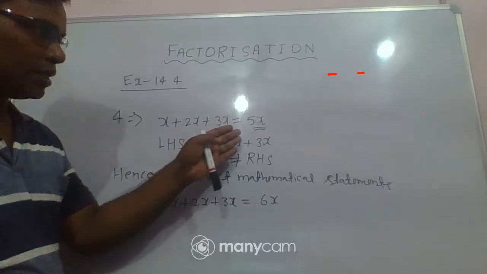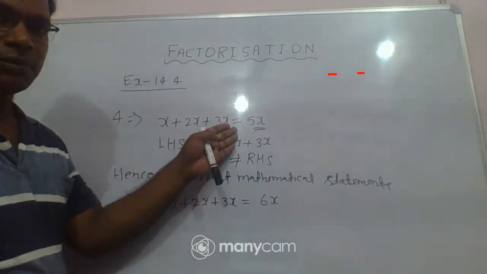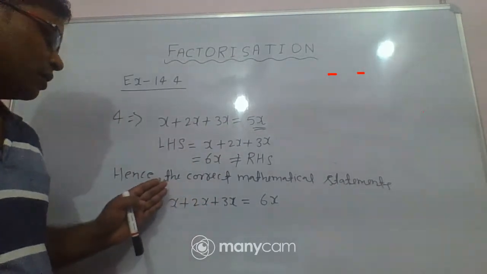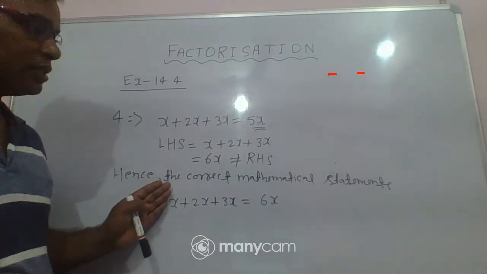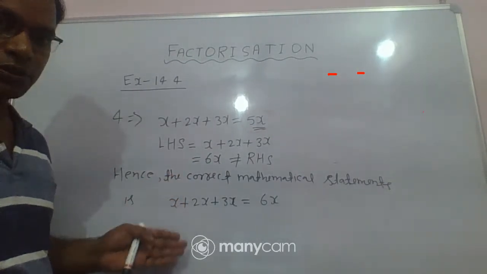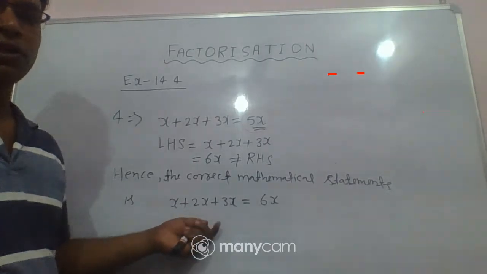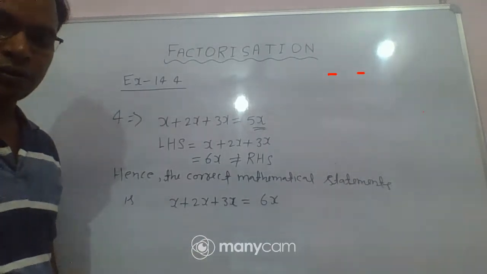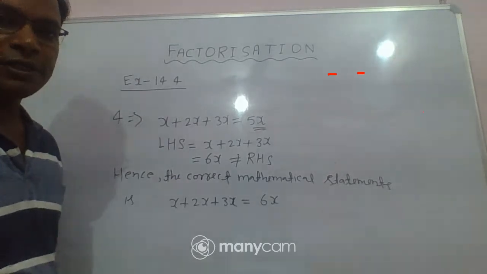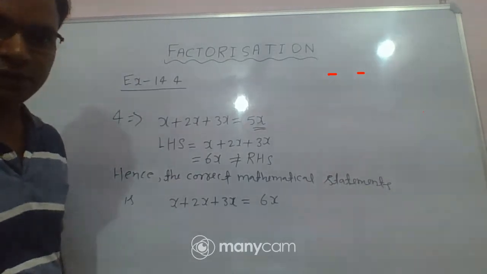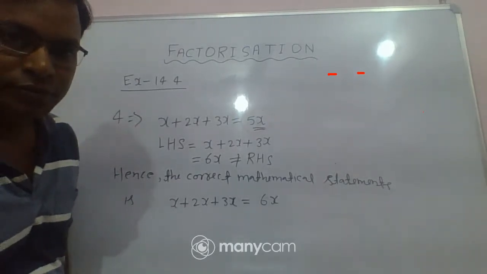In this way you find the error of a given statement, and also we find the correct mathematical statement. So this is x plus 2x plus 3x is equal to 6x.